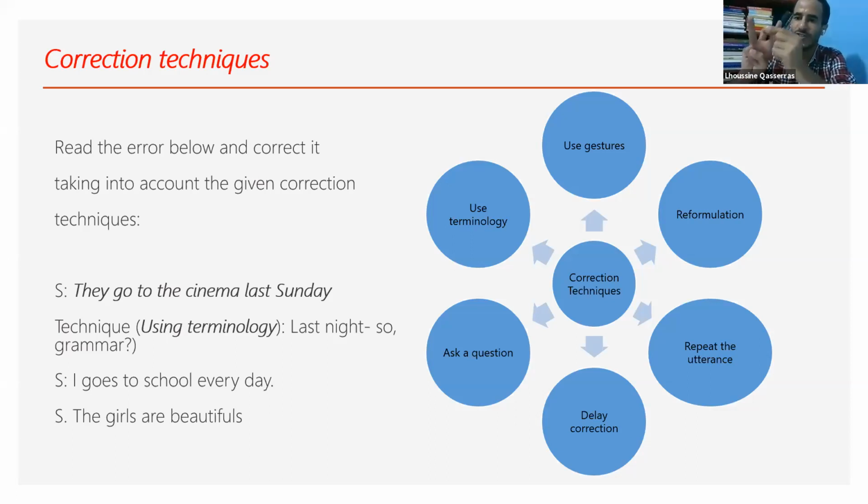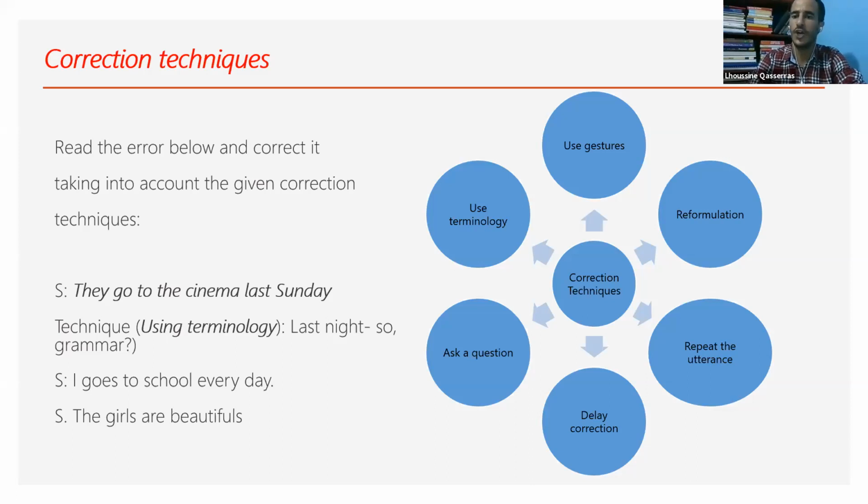Okay, and the students will know that the middle finger means there is something wrong with the second part of the sentence. So I is correct, play or he play is not correct, and football is correct. But basically using fingers can help with simple sentences.